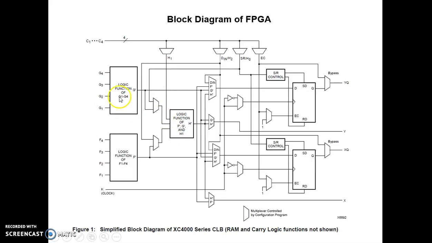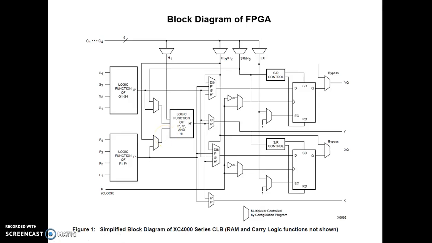Two 4-input function generators F and G offer unrestricted versatility. Most combinational logic functions need 4 or fewer inputs. However, a third function generator H is provided. The H function generator has 3 inputs.